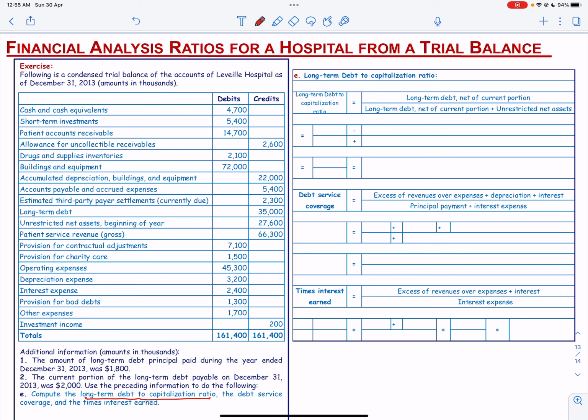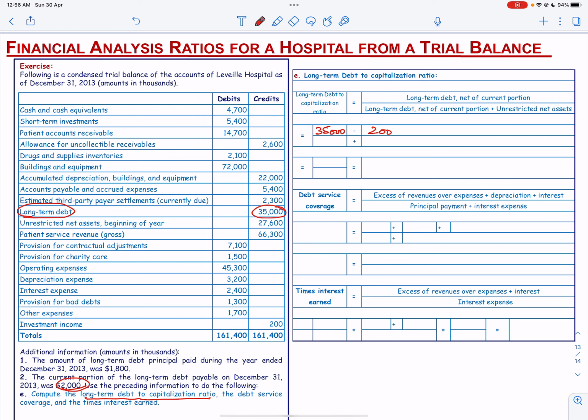So the long-term debt is 35,000, and net, that means we have to subtract the 2,000 that we are going to pay from the current liabilities for the current year.